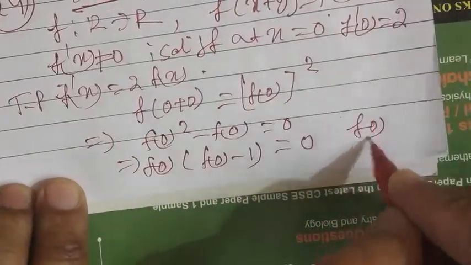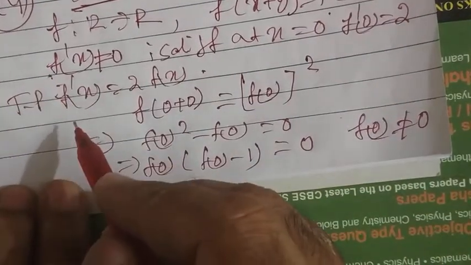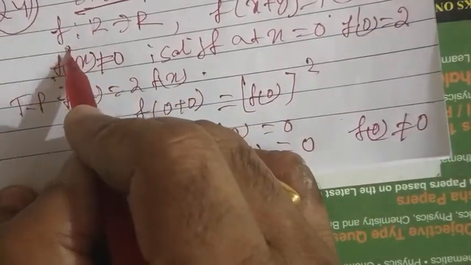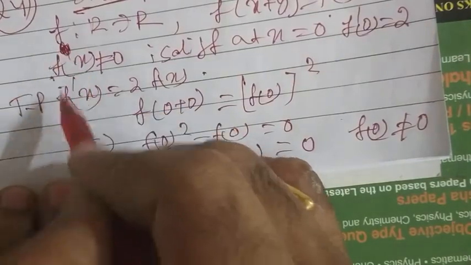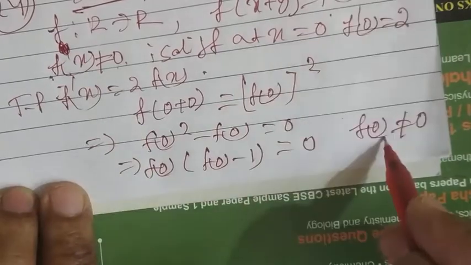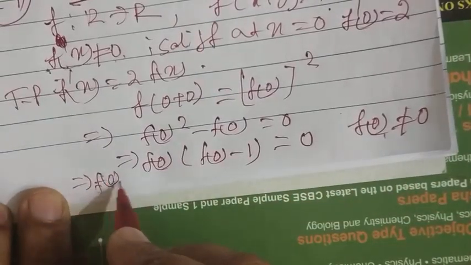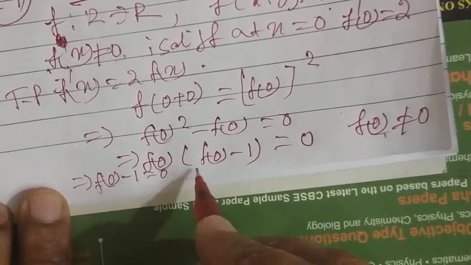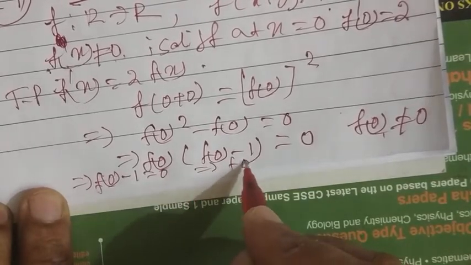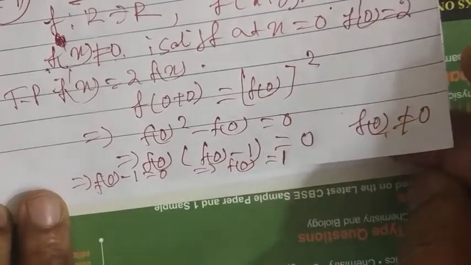But f0 is not equal to 0. Why? Given fx is not 0, here I made a mistake. So obviously f0 is not 0. So that gives me f0 minus 1 is 0. That means f0 is 1. So we got f0 is 1.